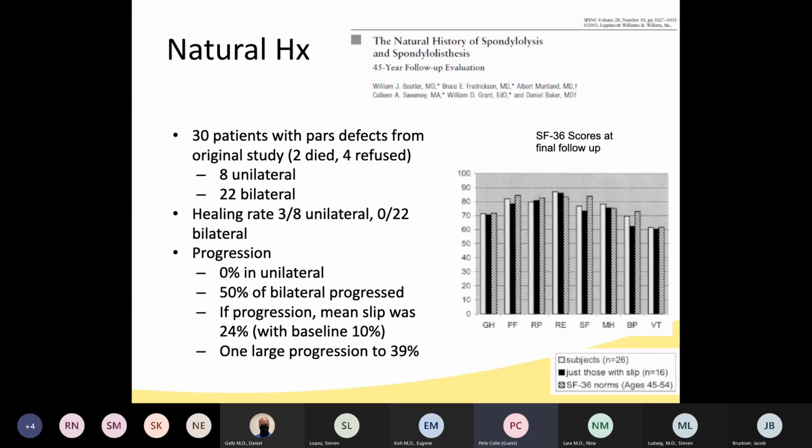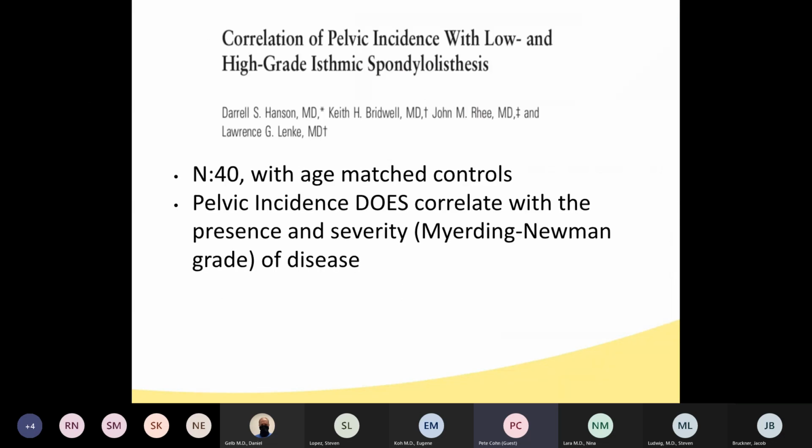In terms of what correlates with spondylolisthesis in terms of other radiographic parameters, this was a study looking at 40 patients and comparing them with age-matched controls. They found that pelvic incidence does correlate with the presence and the severity of the spondylolisthesis, at least on presentation.